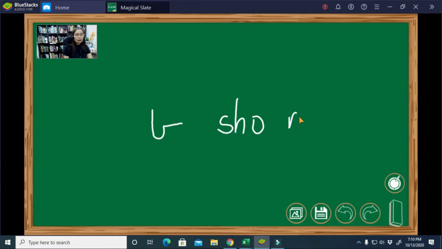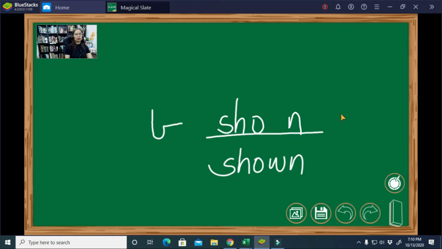We have the letter N. This is now the letter sound. What is the word now? It is very good. The word is shown, right? Because W is not pronounced. Remember, these are just the letter sounds that we hear, but this is the correct spelling, shown.